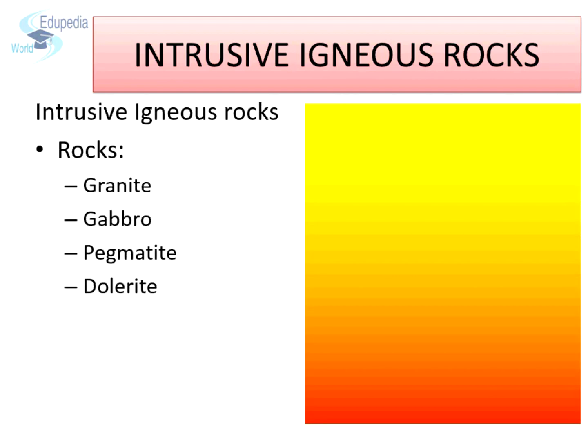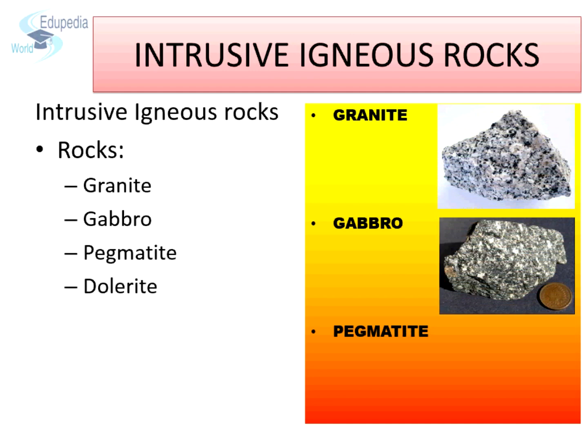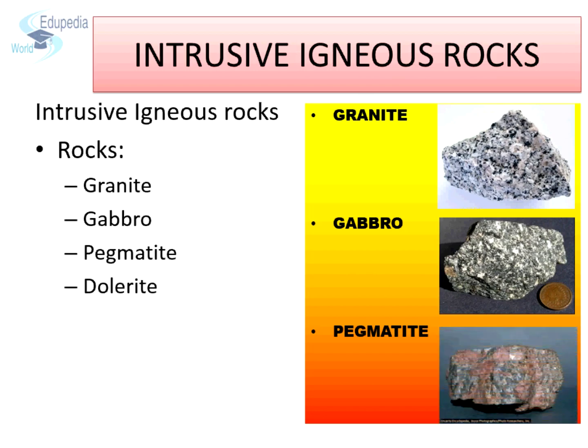Granite is a plutonic igneous rock formed out of granitic magma, while gabbro is a plutonic igneous rock formed out of basaltic magma. Similarly, pegmatite is a hypabyssal rock formed out of granitic magma, whereas dolerite is a hypabyssal rock formed out of basaltic magma.